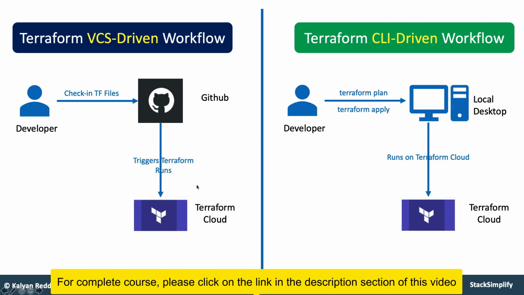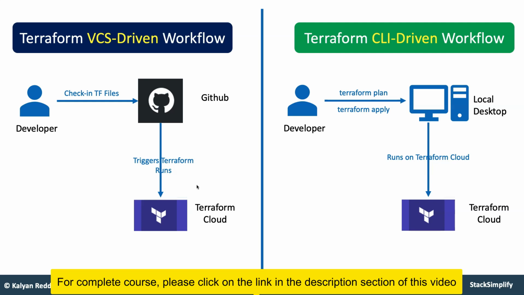As part of that you will learn Terraform runs, states, variables, additional settings, Terraform modules, and then Terraform organization and workspace concepts. Once you implement the VCS driven workflow, you will also learn about implementing the CLI driven workflow with Terraform Cloud. There you learn how to run your commands from the local CLI, but the runs are going to happen on Terraform Cloud.